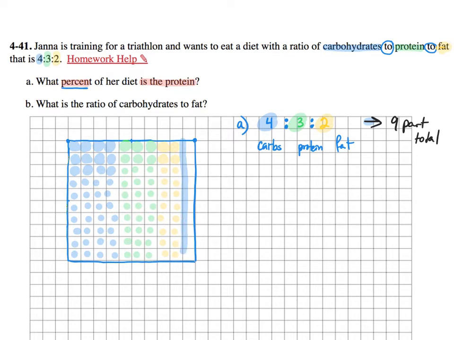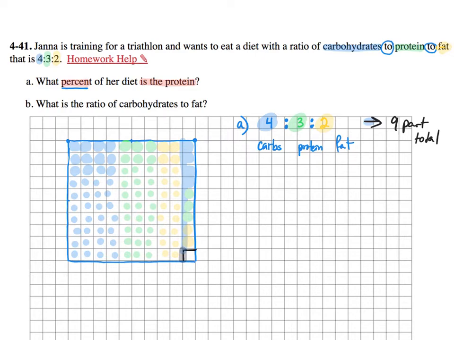So I'm going to do the same thing. 4 are for the carbs, green is 3, and yellow is 2. I have one piece left over that's only part of a group, so I don't want to highlight it, but I can see it.